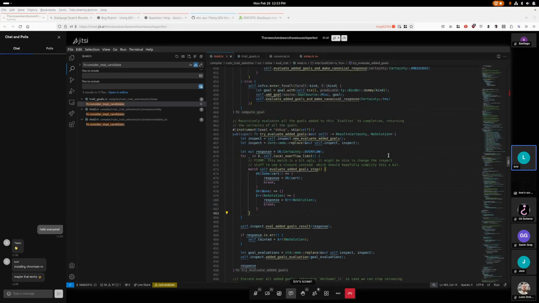So for trait goals: equate, add nested goals, and then evaluate all the goals using a fixed point. And then we canonicalize and we're done.